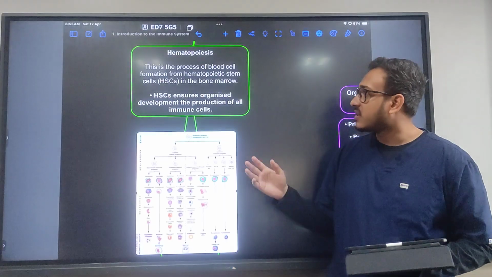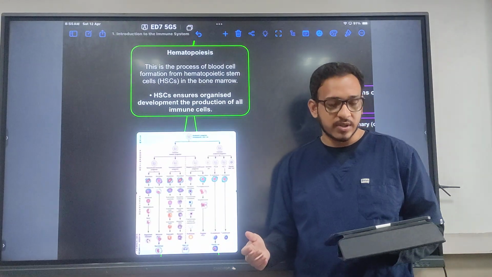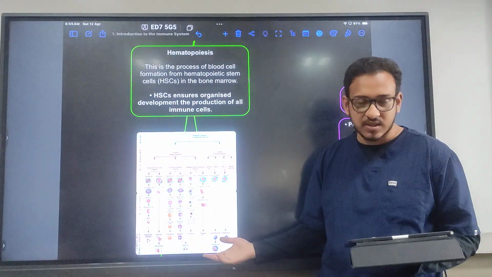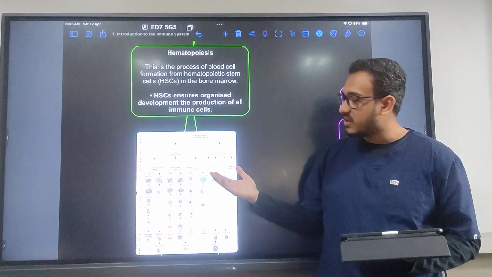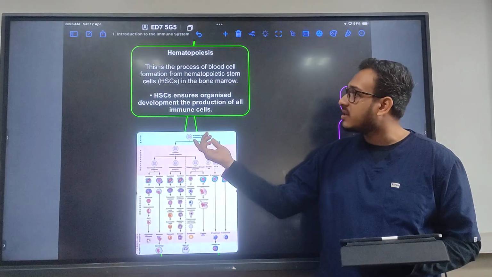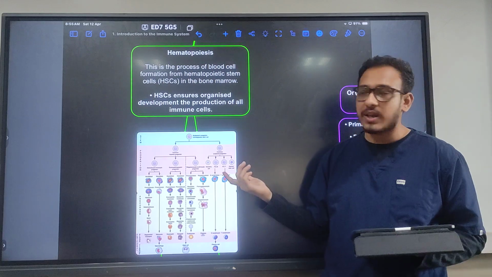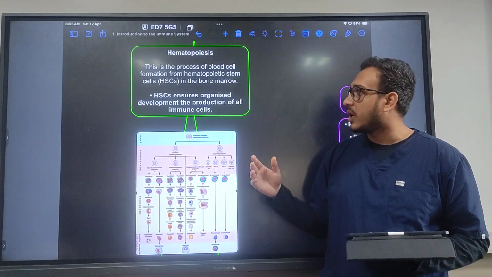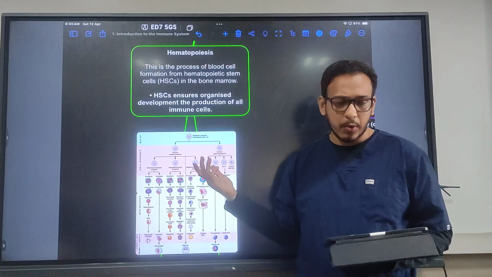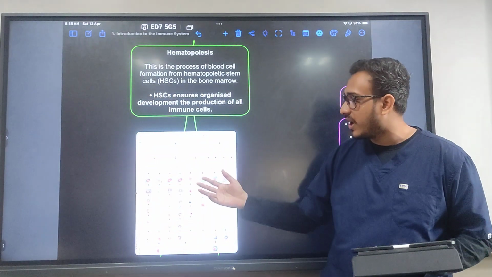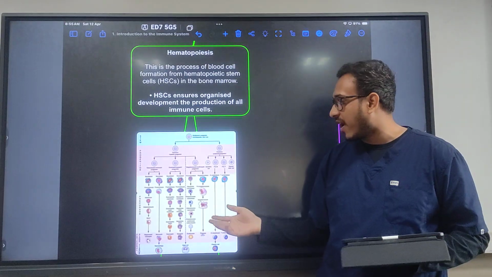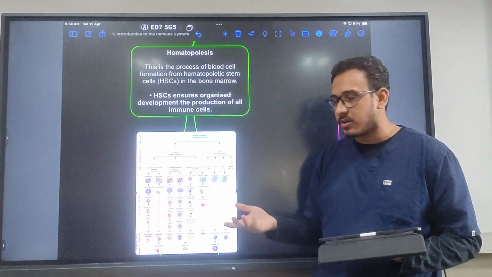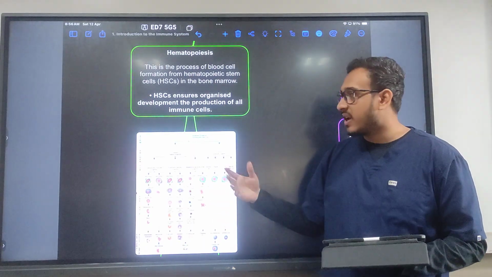And this is the process, hematopoiesis, through which all the immune cells are formed. All these cells are formed from one cell type, the hematopoietic stem cells, which are found in the bone marrow. The hematopoietic stem cells differentiate into various types of cells, and finally they form all the cells that we look at in the next section.